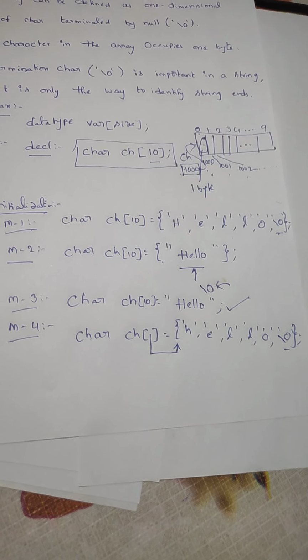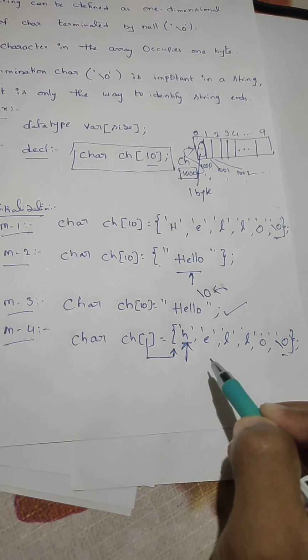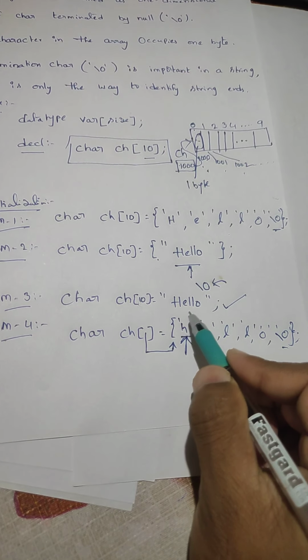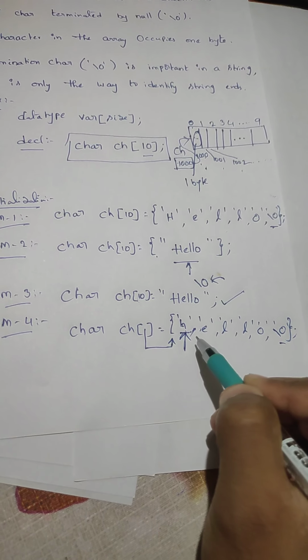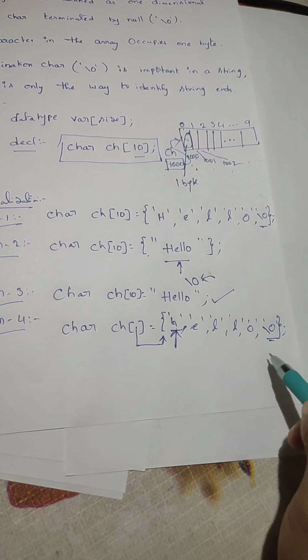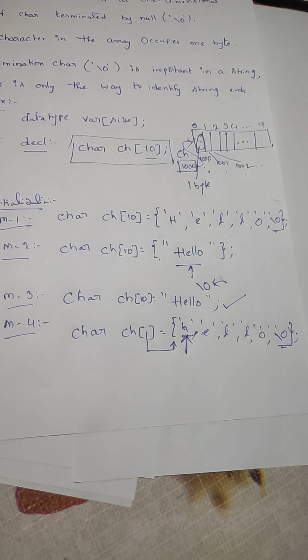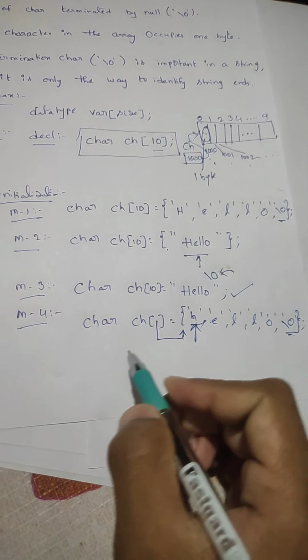While storing individual characters using single quotations, each character is separated by a comma, and in this case we need to place the \0 at the end of the string. So this is one method without taking the size.